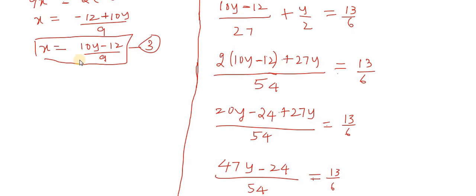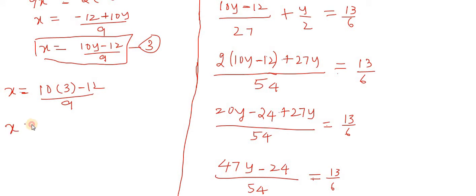Substitute this y value in equation 3 or equation 2 or equation 1. So I'll substitute in equation 3. Then x is equals to 10 into y value, which is 3, minus 12 divided by 9.